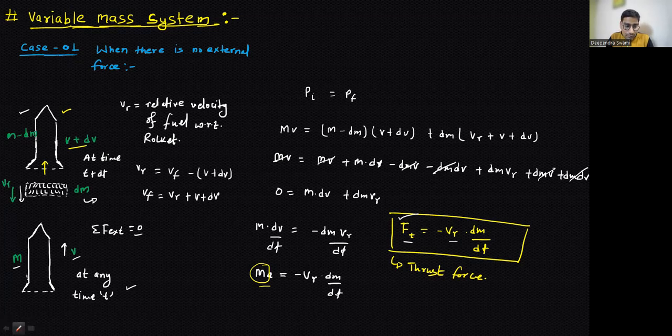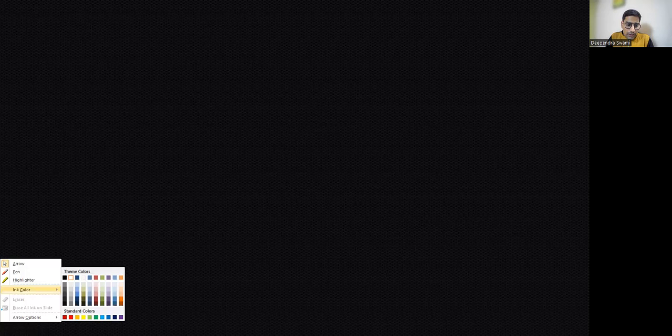Okay, so let's do one question on that. We are taking an example where one rocket is there, and the total mass of the rocket is 20,000 kg.